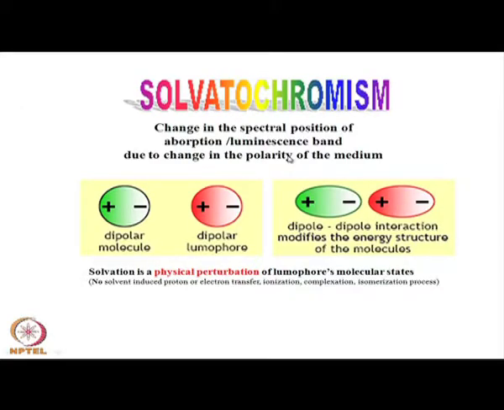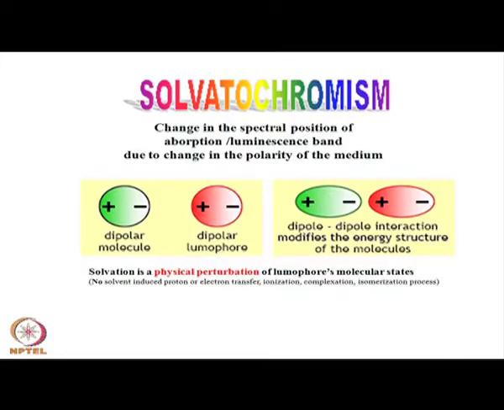Now, when we talk about solvation, one thing always comes to mind, that is solvatochromism. Solvatochromism is a phenomenon of change of color due to change of solvent. Change of solvent means change in the polarity of the solvent.